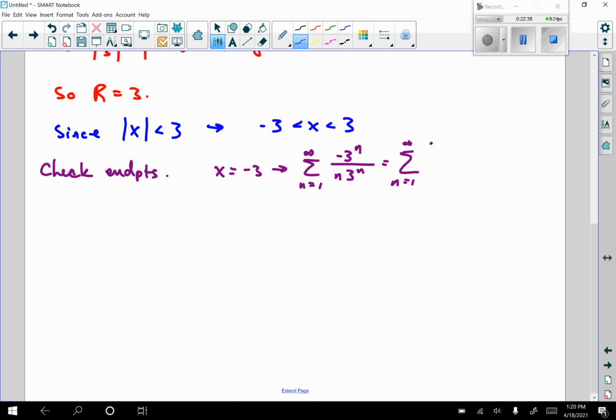So we can actually pull out a -1 to the nth times 3 to the n over n times 3 to the n. So we are left with -1 to the nth over n. And this converges. This is an alternating harmonic series.